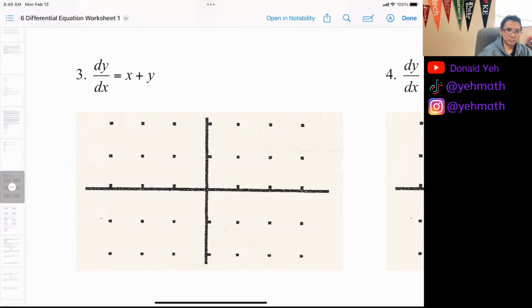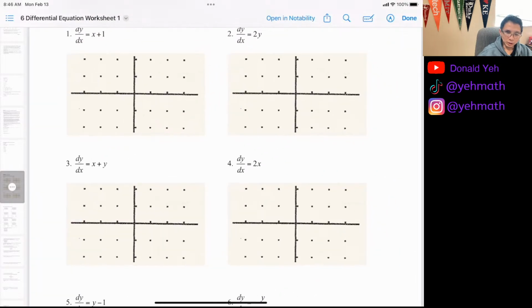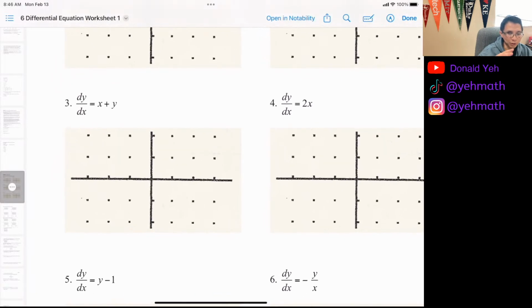Do we do one or two, or should we just start on the question? No, I want you to do question 3. Question 3 has an x and y, so figure out what makes a zero slope here. So do question 3 first. Question 3 is pretty cool. What makes a zero slope here?